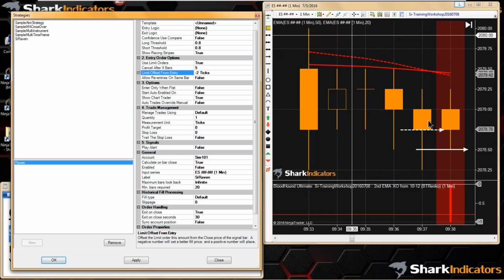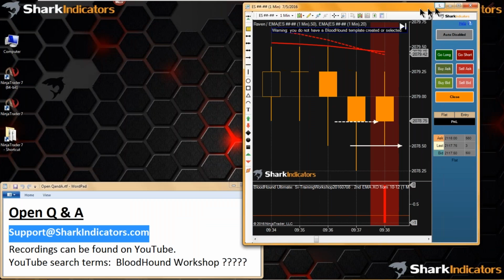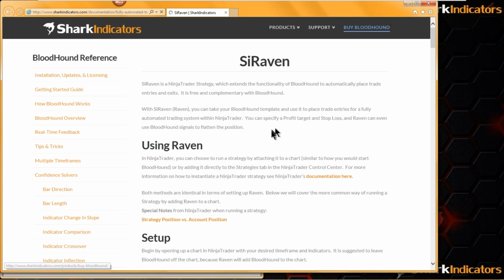All right, so Milburn, hopefully that does it for you. Also, just to note here, I'm going to turn the strategy on just to show you. If we turn the strategy on, you notice on the chart trader here, there's a little help link. You can click on that, and that'll bring up the documentation for Raven.